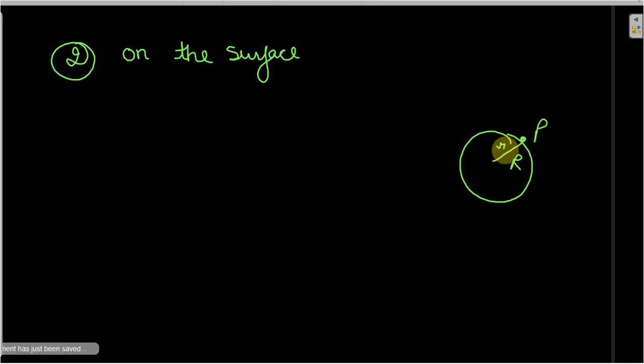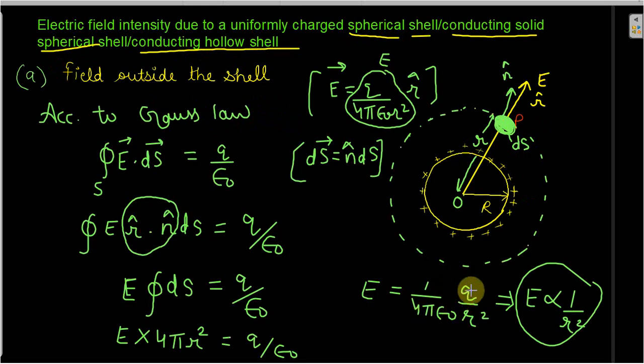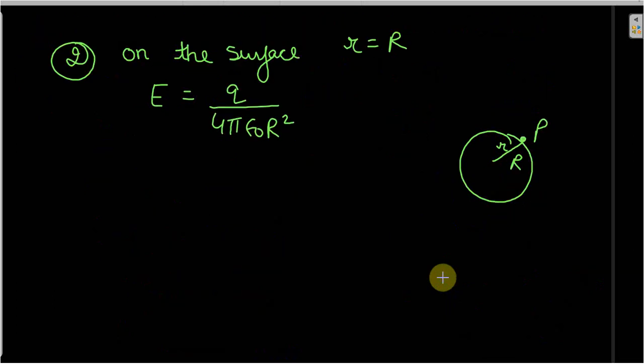So you can write r is equal to capital R. In that case your field will be maximum. You can replace small r with capital R in the previous equation. You have to replace small r square with capital R square.